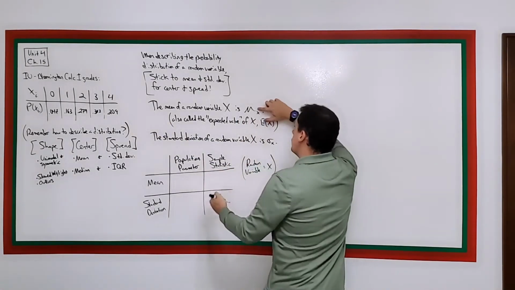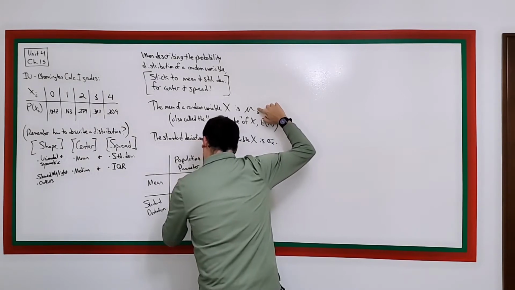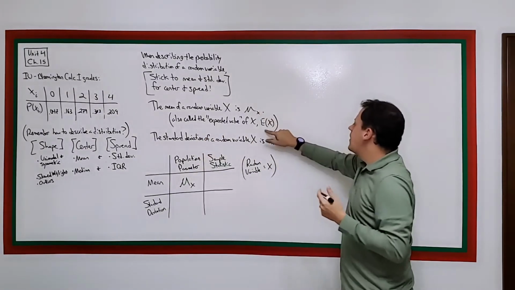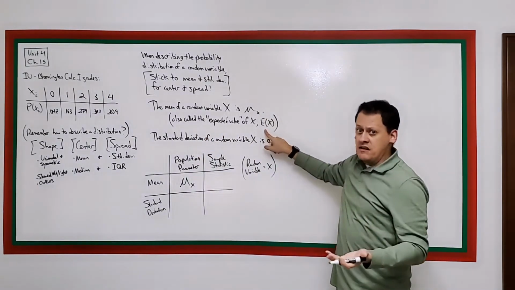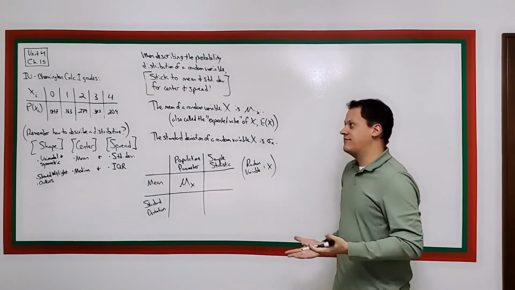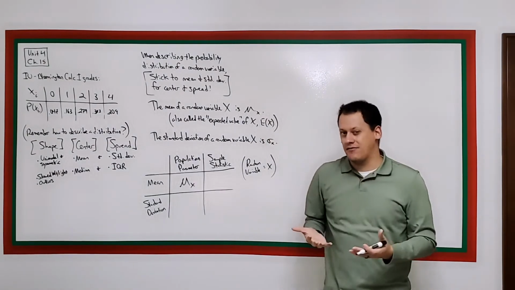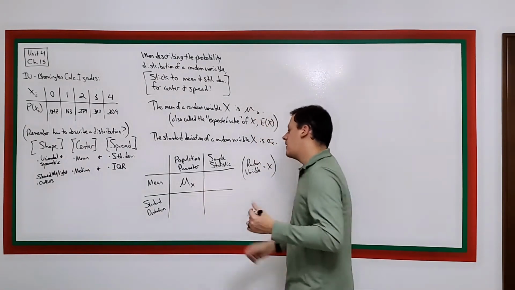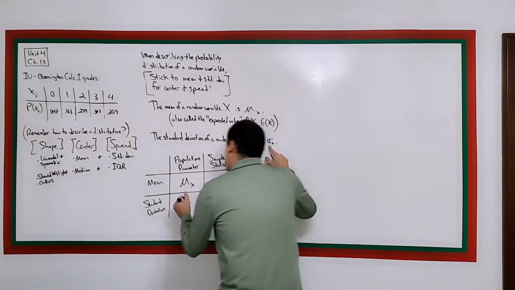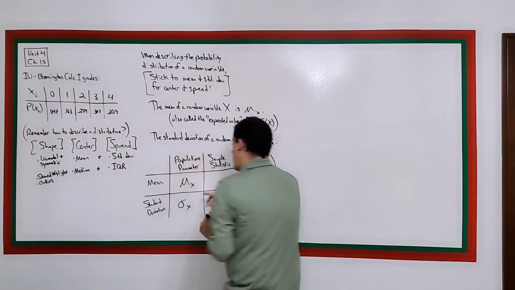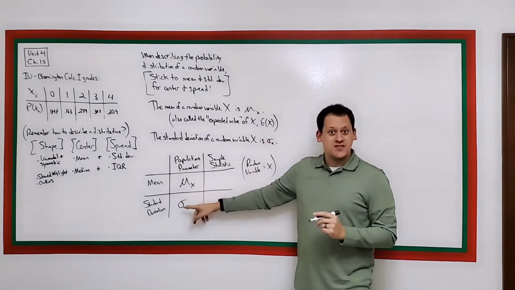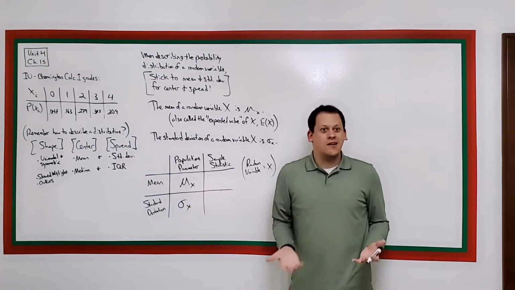So the mean is going to be mu x. Also, it could be E of x if it's asking for an expected value. But again, these are the same. And the standard deviation, sigma x. Notice the population parameters get Greek letters, right?